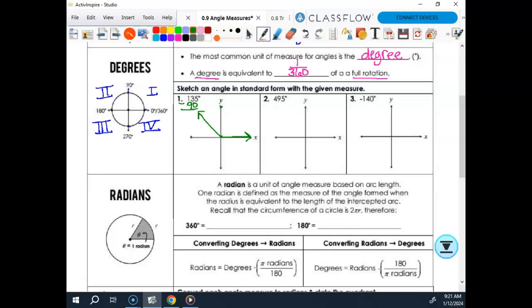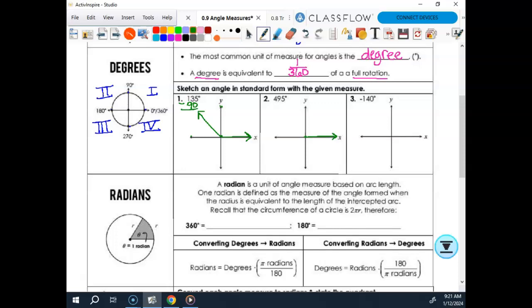We're getting there. Okay. Let's look at number 2 real quick. 495 degrees. So I'm going to start here. Now, you may not even have known that those kind of degrees exist, but they do. Angle in a triangle doesn't make any sense. Angle in a coordinate plane absolutely makes sense.